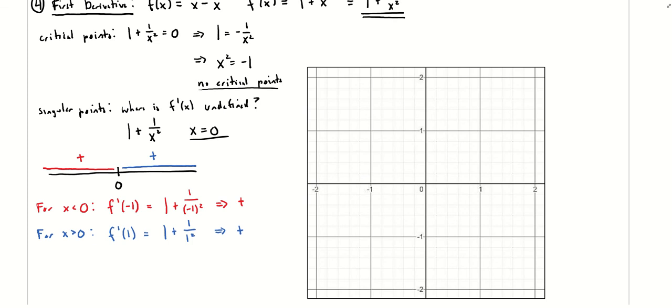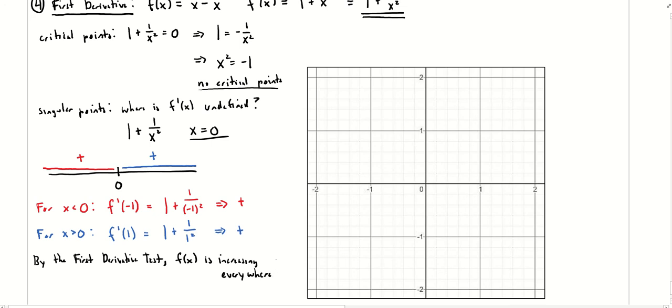So remember, with the first derivative, we get information about where our function is increasing. So I'm going to say here as my conclusion for my information about my first derivative, by the first derivative test, my function f of x is increasing everywhere.